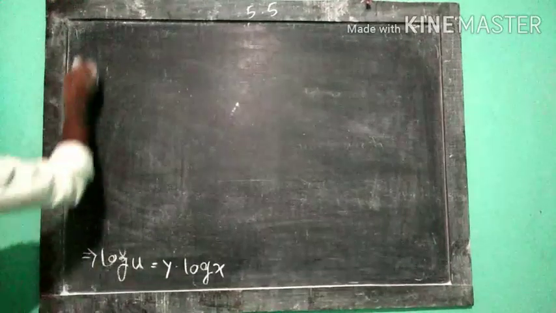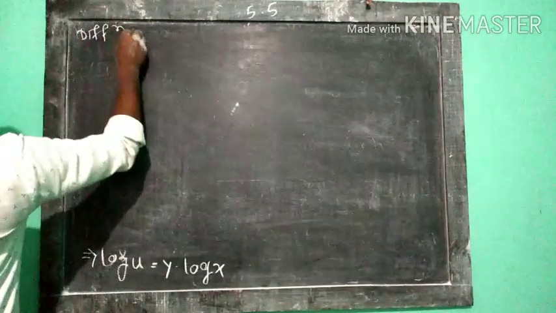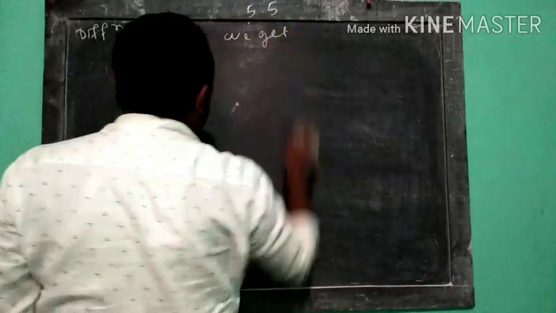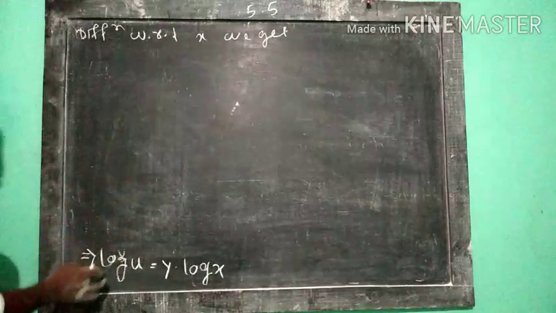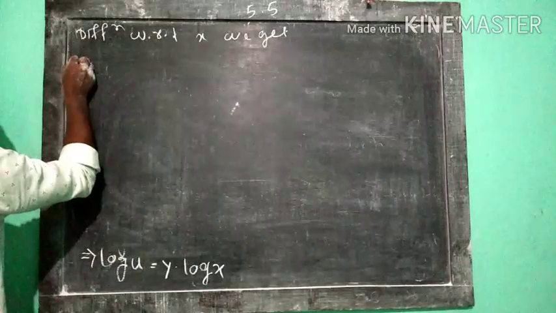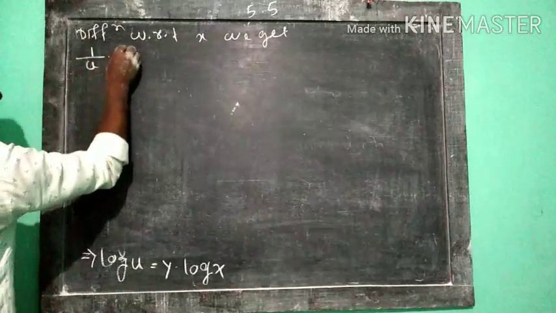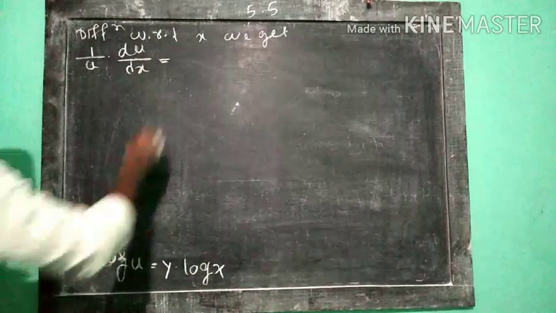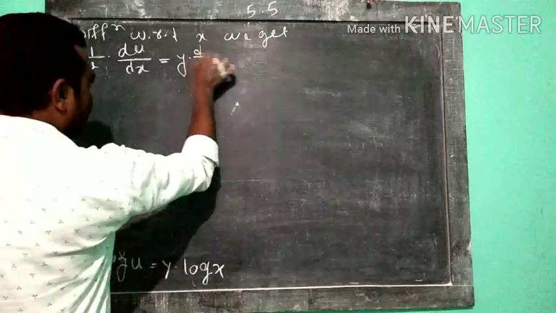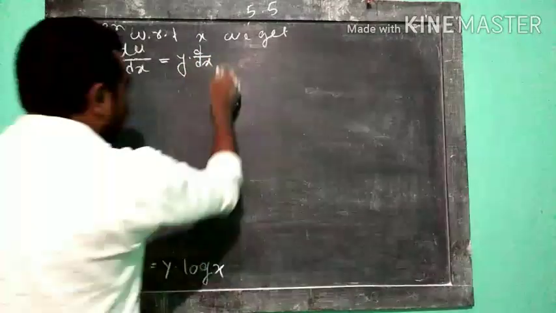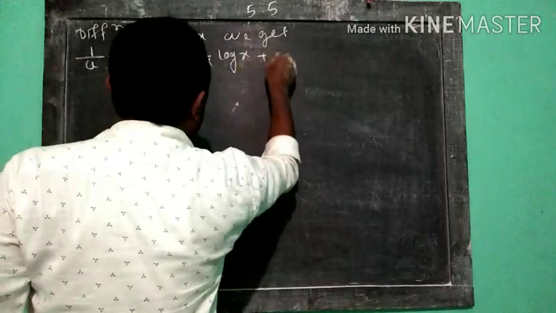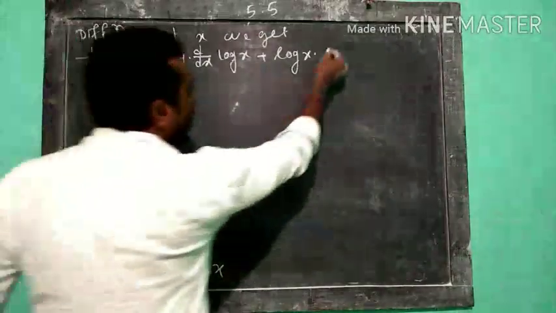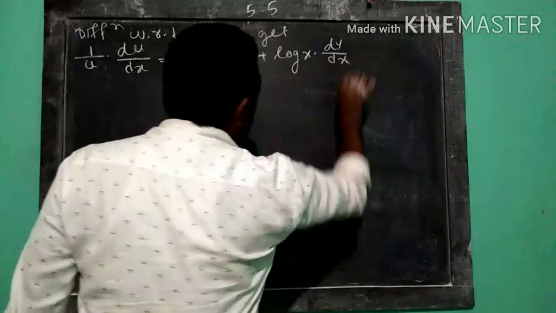So if we differentiate with respect to x on both sides, if we differentiate log of u, then we have 1 by u into du by dx. This is equal to, using the product rule here, y into d/dx of log x plus log x into, if we differentiate y, then we get dy/dx.